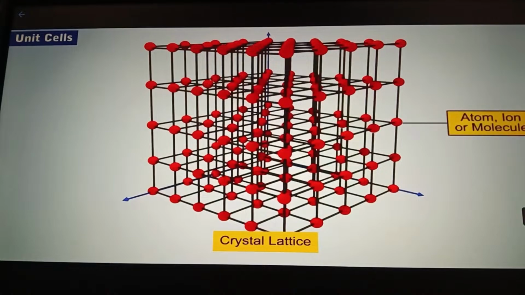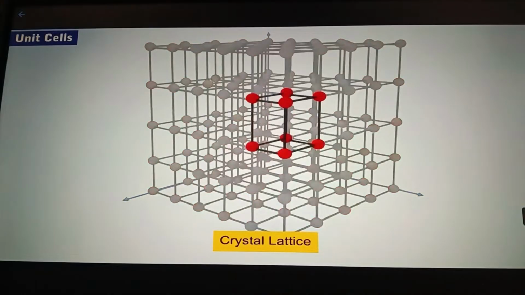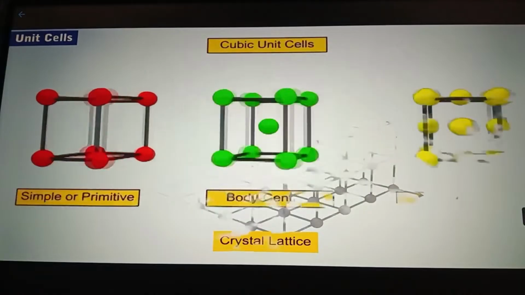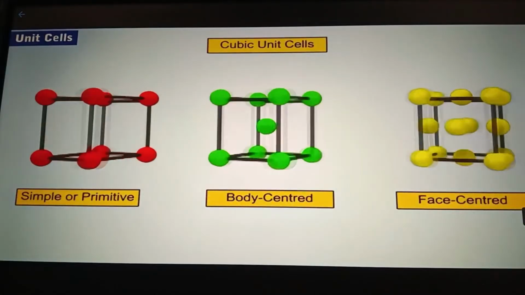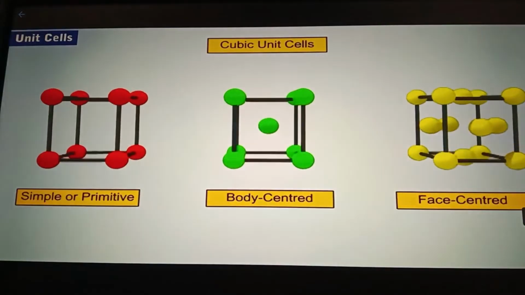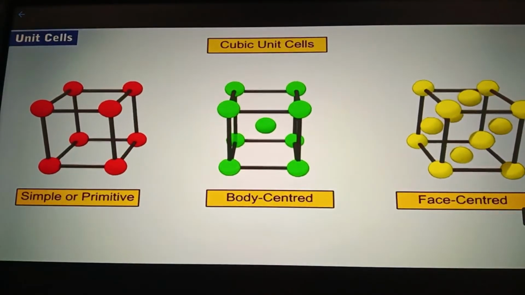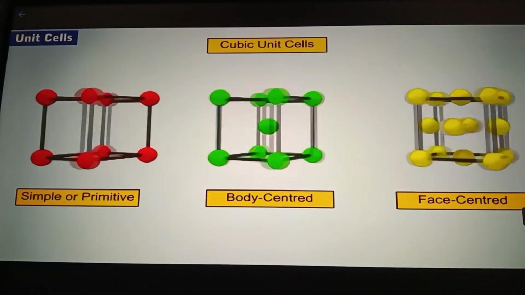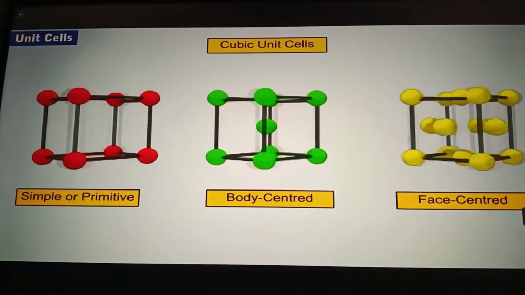That may be an atom, an ion, or a molecule. Now, let's examine what portion of each particle belongs to a particular unit cell. Consider three types of cubic unit cells. For the sake of simplicity, assume that the constituent particle is an atom.